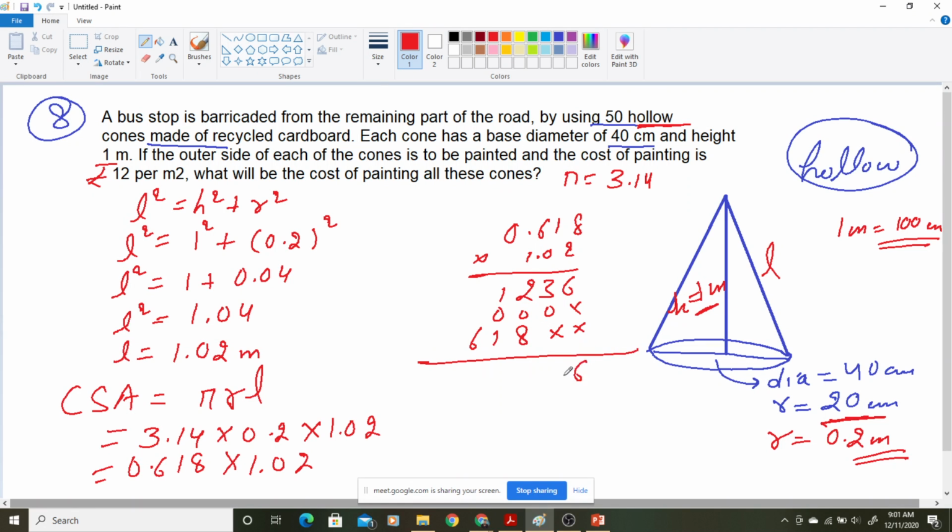You are getting 6 3 3 6, and you will be getting 0.63036. That much you will be getting after multiplying.